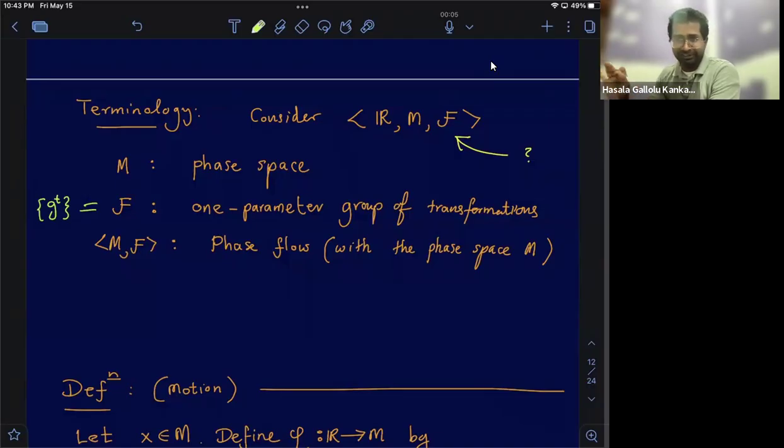If you see it in that way, just try to understand it's what we are looking at. And then the phase flow is, think about this. You're considering phase space together with some kind of a T-advanced map collection. So what you're trying to do is to define some kind of a flow on that. So it is called the phase flow.